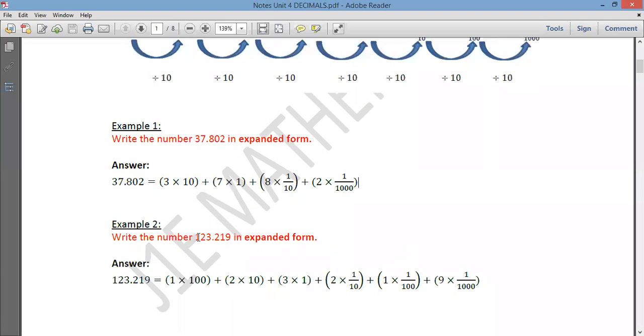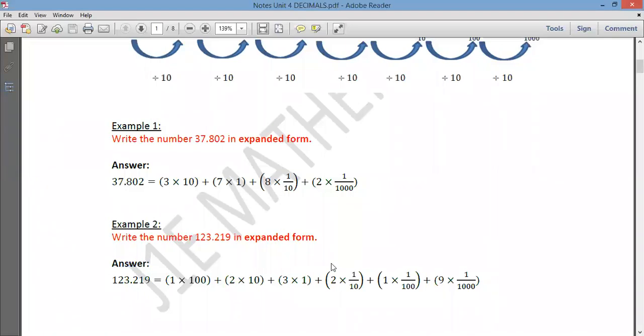So you start from the biggest, you always start from the biggest value, which is 1. Okay, so 1 times 100, because the value 1 here is at the 100 value, okay? And then 2 is 10, so 2 times 10. So 3 is unit, so 3 times 1.